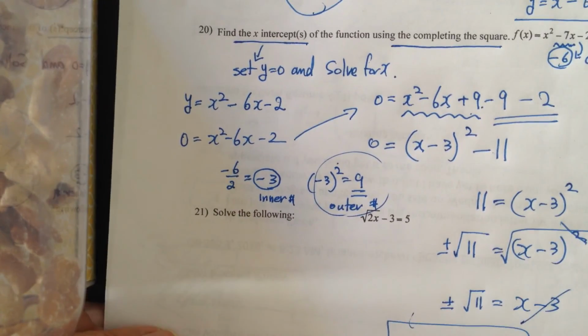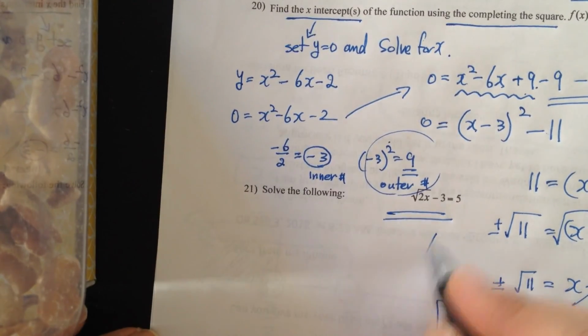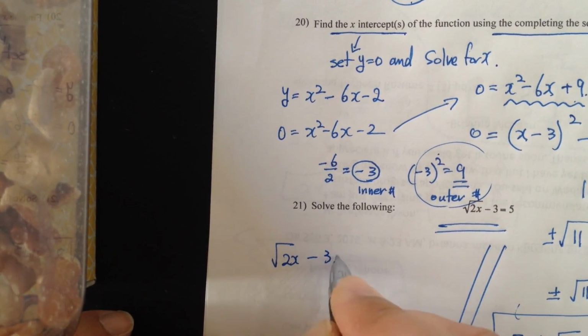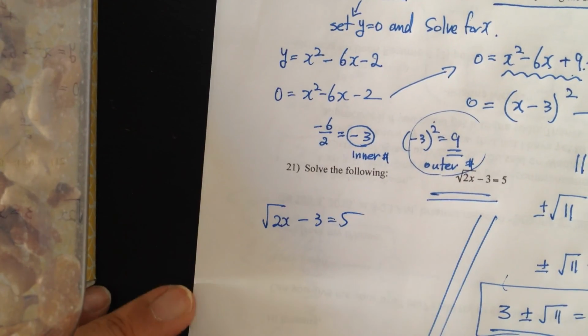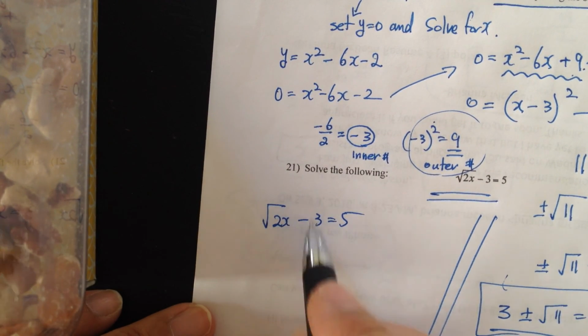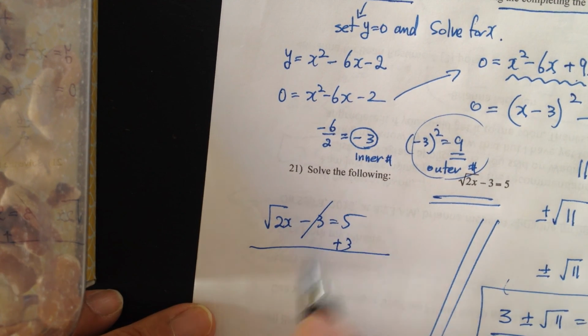Okay. All right, the last one. 21. If you know how to do 20, 21 should be a piece of cake. 21. So radical 2x minus 3 equals to 5. All you have to do here is isolate the radical. So you want to first swing -3 to the other side.